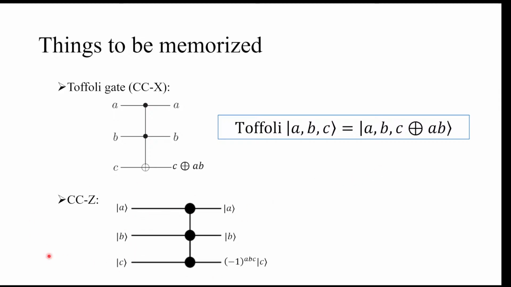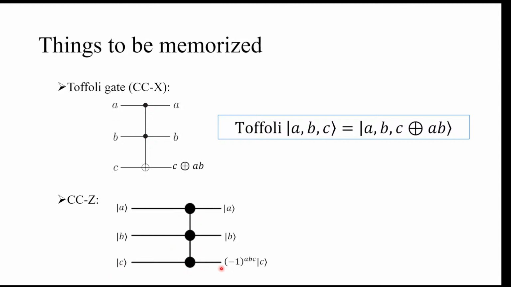And here we're also giving something that we forgot to talk about in class. That's the controlled-controlled-Z gate. It's like the controlled Z gate, but with 3 qubits, and once again it's symmetric between all 3 qubits. So we just draw it in this really symmetric form. So you have 3 control dots here, and it means controlled-controlled-Z.